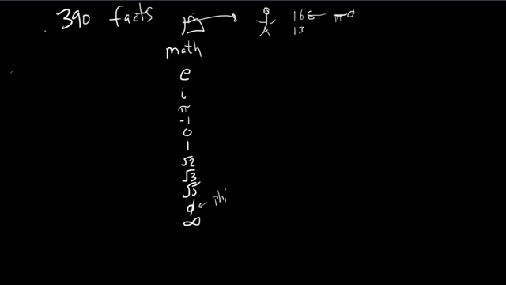Infinity, a matrix, a vector, all kinds of different ways to write. I'm going to see if that's 13. 1, 2, 3, 4, 5, 6, 7, 8, 9, 10, 11, 12, 13. So 13 things. Where did I come up with 13 things? Who knows?